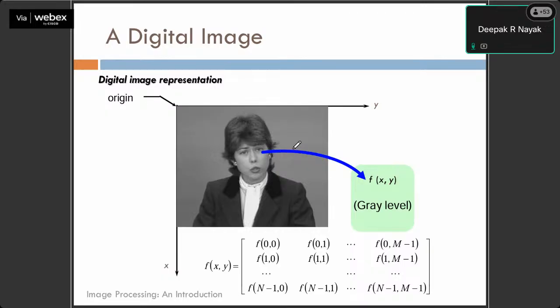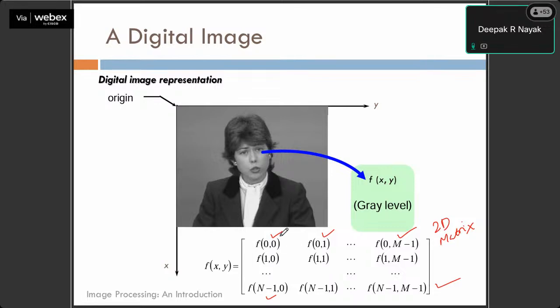So an image can also be represented in the form of a matrix. You can see the matrix here is two-dimensional, where the matrix elements are f of 0, 0, f of 0, 1, and so on up to f of 0, m minus 1, and down to f of n minus 1, m minus 1.